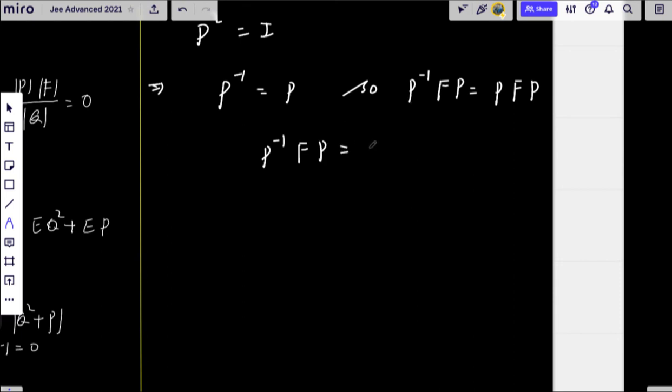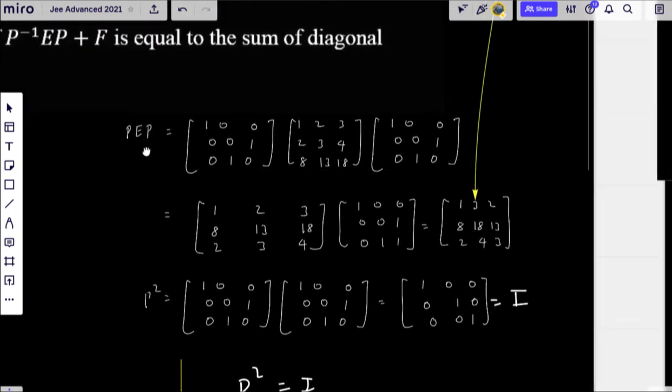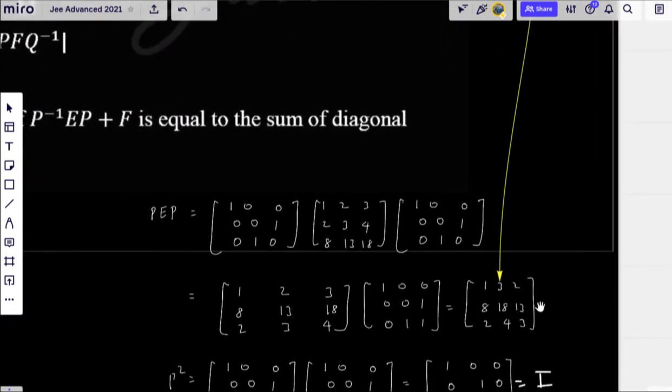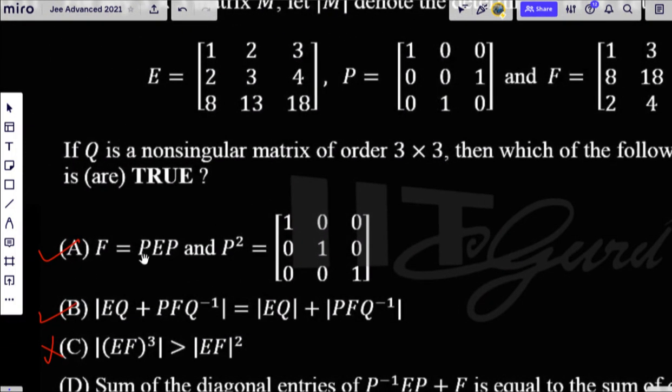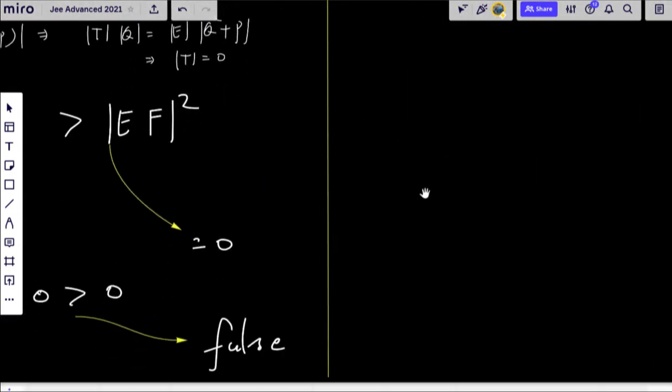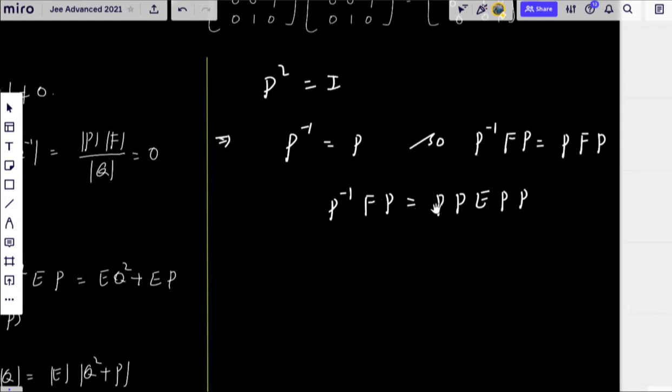For F, what we write is PEP. From here you can say PEP is F, which we chose here as the first option and showed was correct. We have already shown this. So instead of PEP, we can write F. And finally, what we recall here.